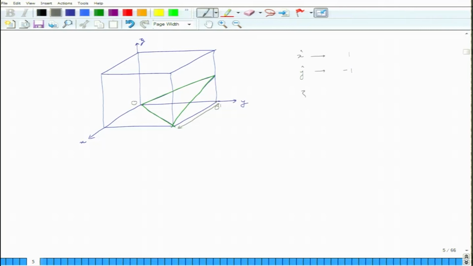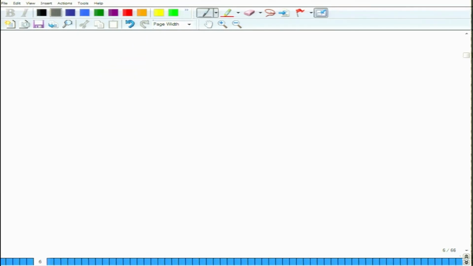Minus 1. Along z, what is the intercept? Plus half. Convert it into reciprocal: 1, minus 1 and 2. So, the plane is 1, 1 bar, 2. Okay. So, this is how you draw and identify a plane. Now, another thing is about the family of planes.